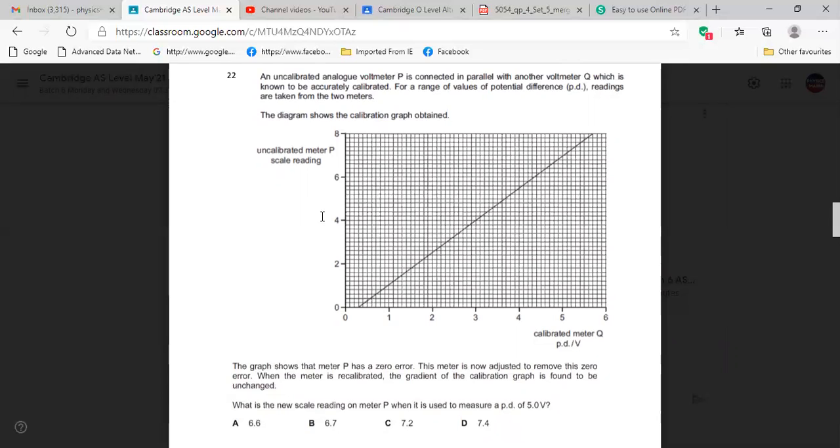The diagram shows the calibration graph of P. The graph shows the meter P has a zero error. This meter is now adjusted to remove the zero error. When the meter is recalibrated, the gradient of the calibration graph is found to be unchanged. What is the new scale reading on meter P when it is used to measure a PD of 5.0 volt?